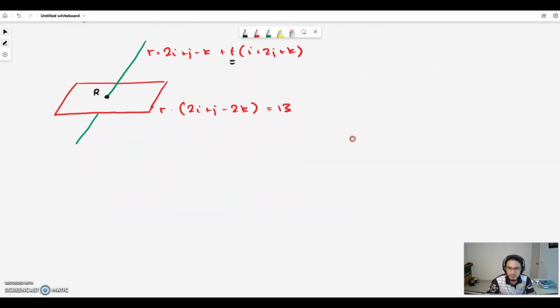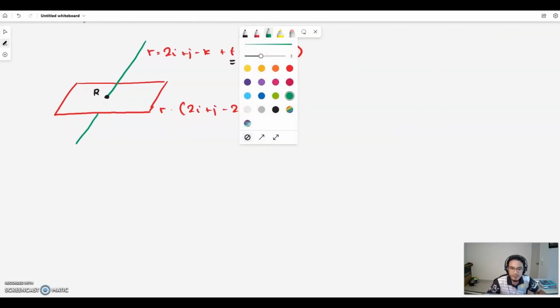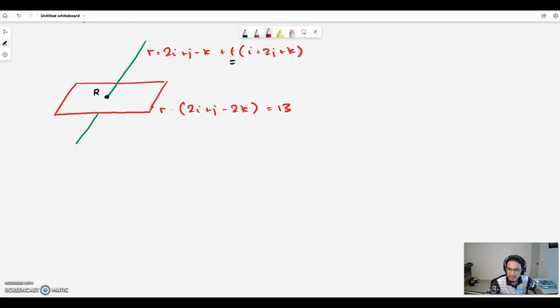To determine that value of t, we take the equation of the straight line and proceed with the addition between these two vectors, where r is equal to i plus t(i plus 2j plus k) right here.